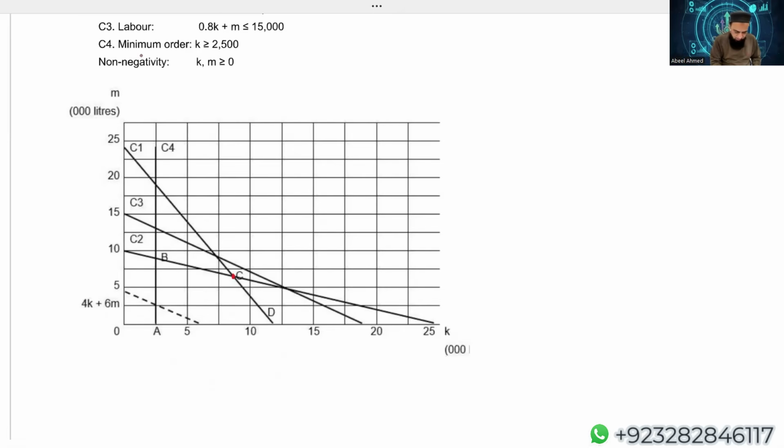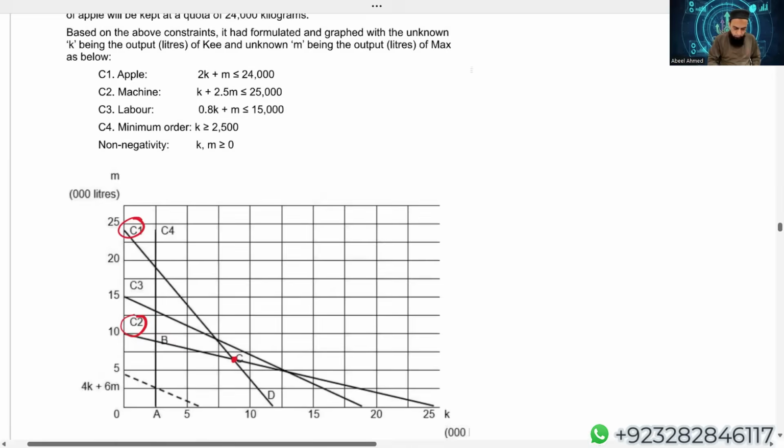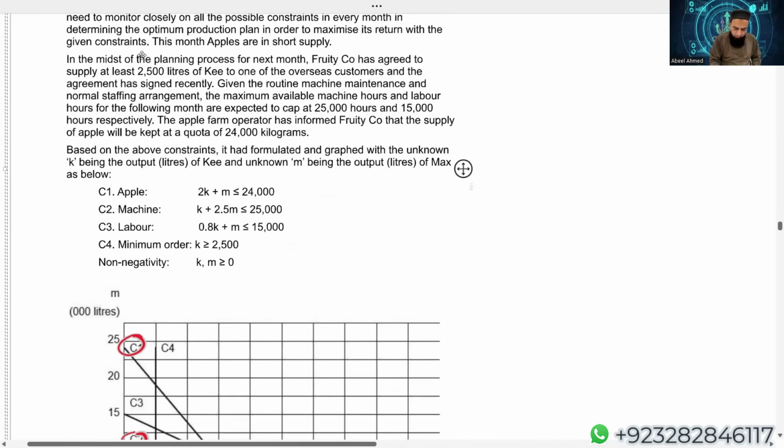At point C, I can see that C1 is one line intersecting at point C, and another is C2. Two lines are intersecting at point C: one is C1, another is C2. C1 I can see here.